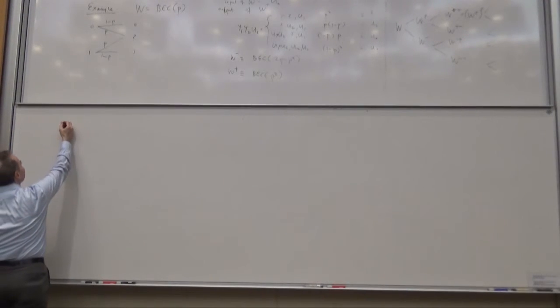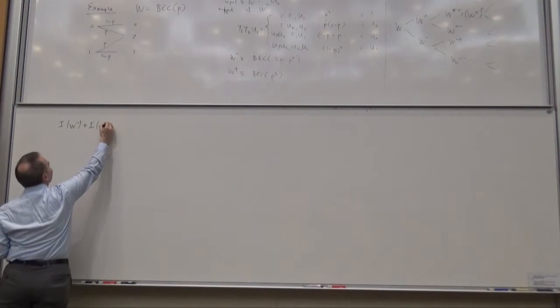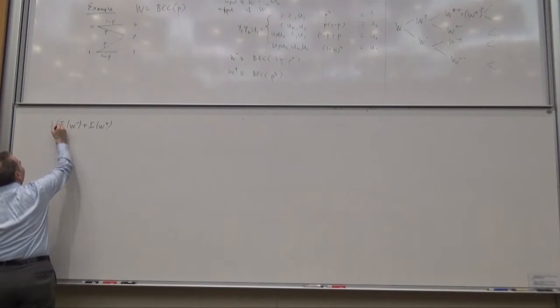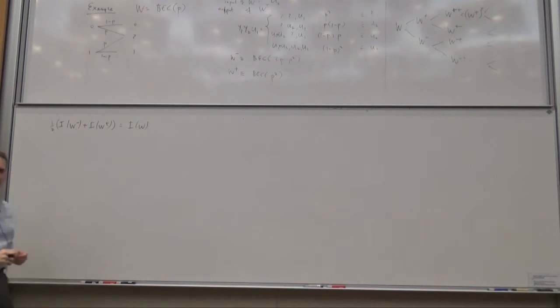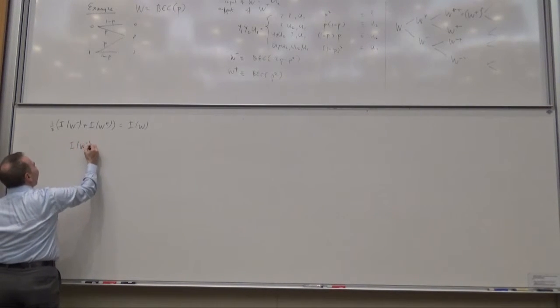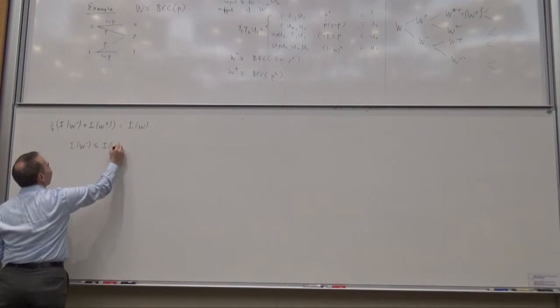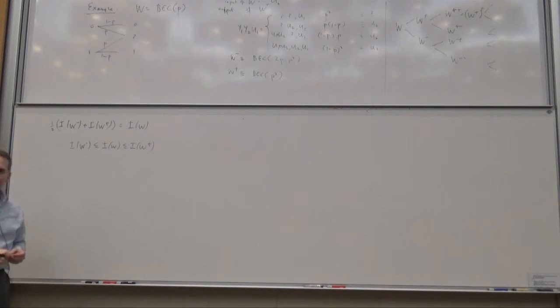What we have seen so far is the following. The mutual information is preserved by this transformation. And secondly, we also have this property there.